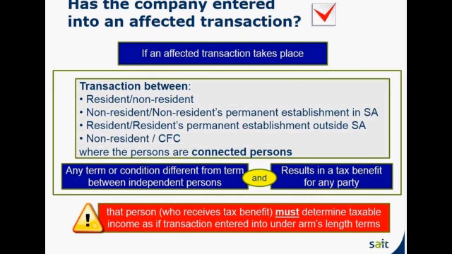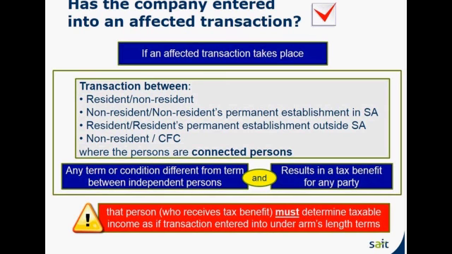By saying yes, it automatically assumes, if you look at the definition of an affected transaction, that you've entered into a transaction between connected persons, where the one is taxable, the other not, and any term or condition is already different from what persons dealing at arm's length would have agreed to. So what I really wanted to ask was only that grey block, not necessarily the blue block at the bottom. So, yeah, for interpretation, hopefully the form gets sorted out and fixed.